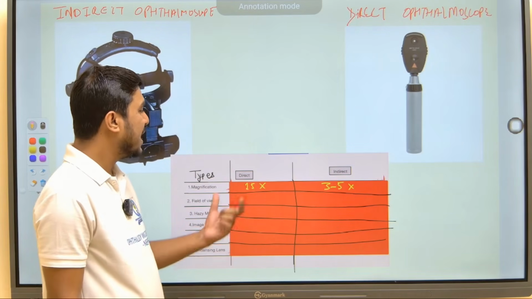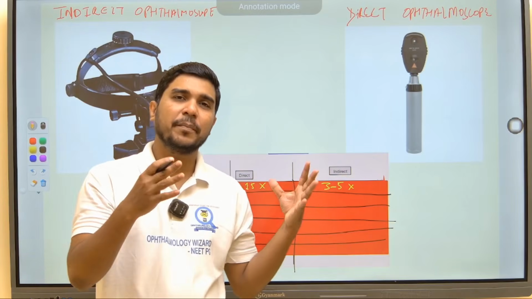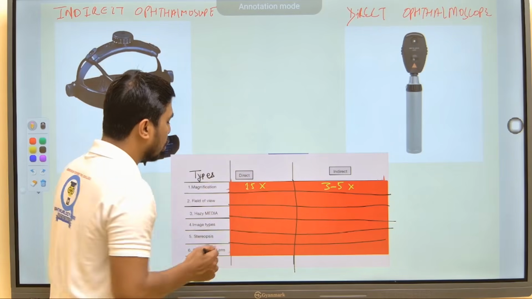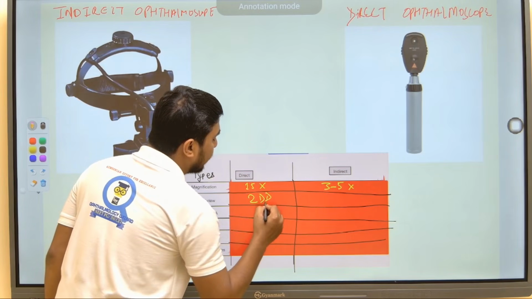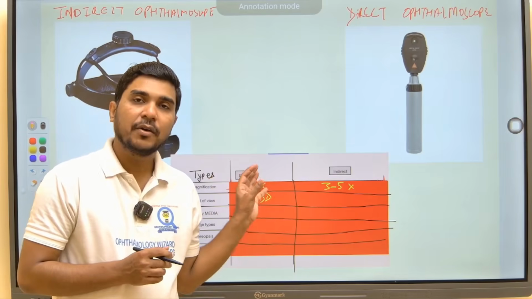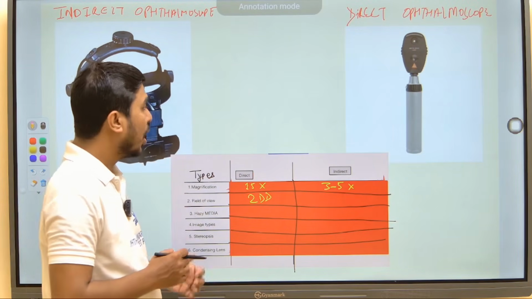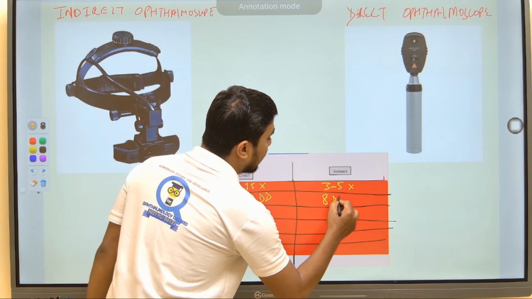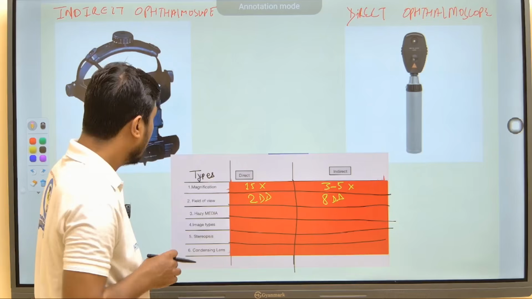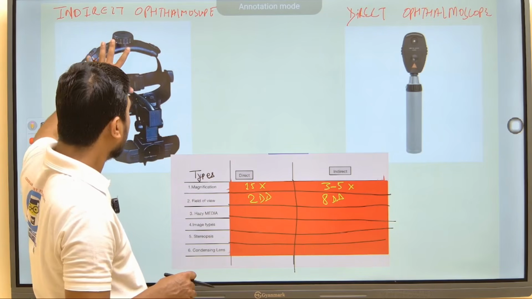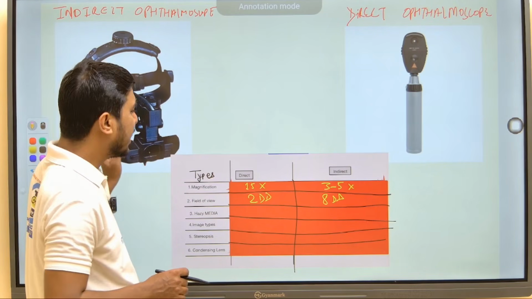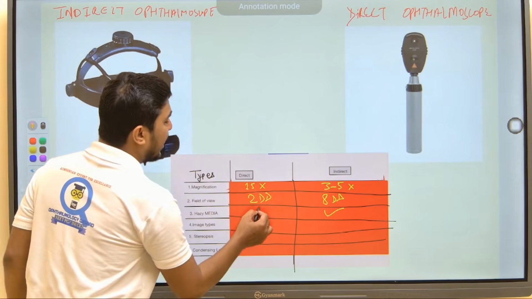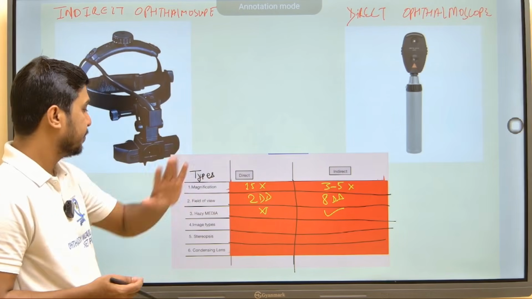Coming to the field of view, in the direct ophthalmoscope the magnification is very high, so it can see only a small area, just 2 disc diameters. However, for the indirect the area is 8 disc diameters. You need to remember all these things. Hazy media: the illumination in the indirect is very high, so it can see through hazy media, but this is difficult with the direct ophthalmoscope.